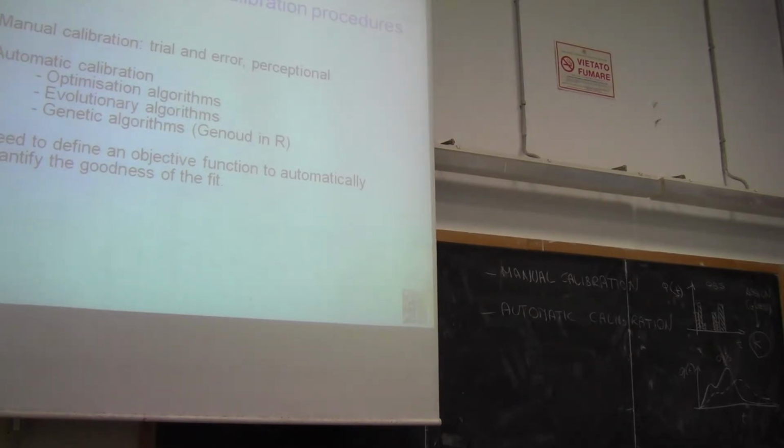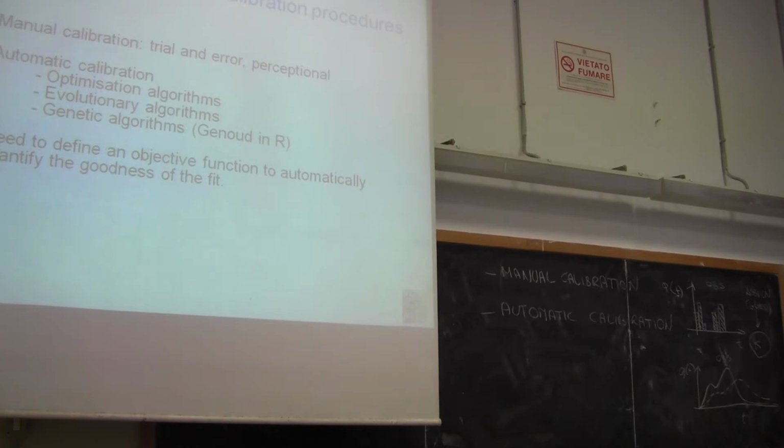So basically you try with a k value, and then you run the linear reservoir, and then you get a simulated hydrograph.